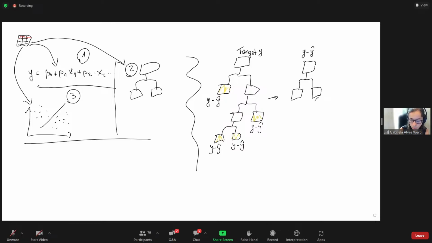That's focusing on the y minus y hat, so basically on the residuals. Let's say we have a new tree that looks something like that. Then I'm going to repeat this process again. Perhaps I'm going to call this y hat 1, and the next time I'm doing that, I'm going to get another set of predictions. And then again, I am going to calculate how good of a job I am doing here.